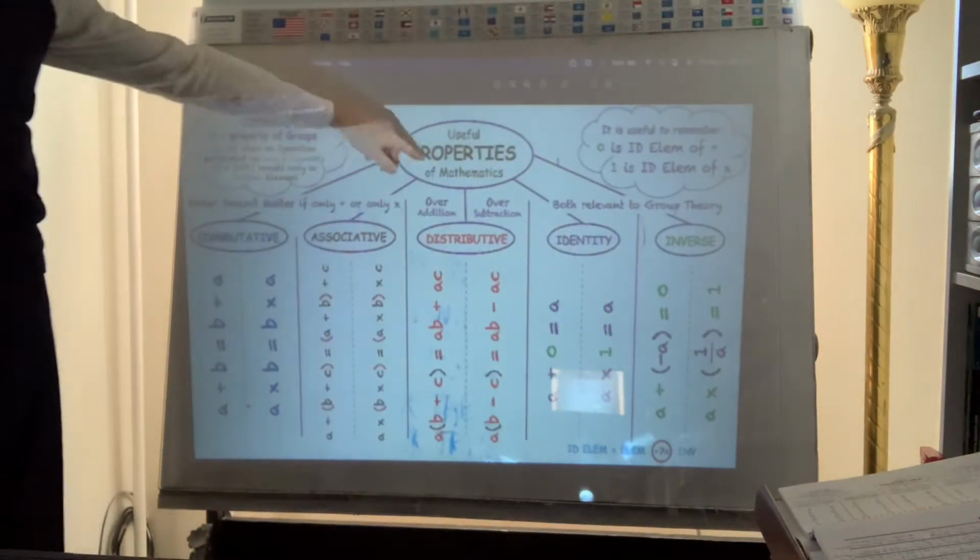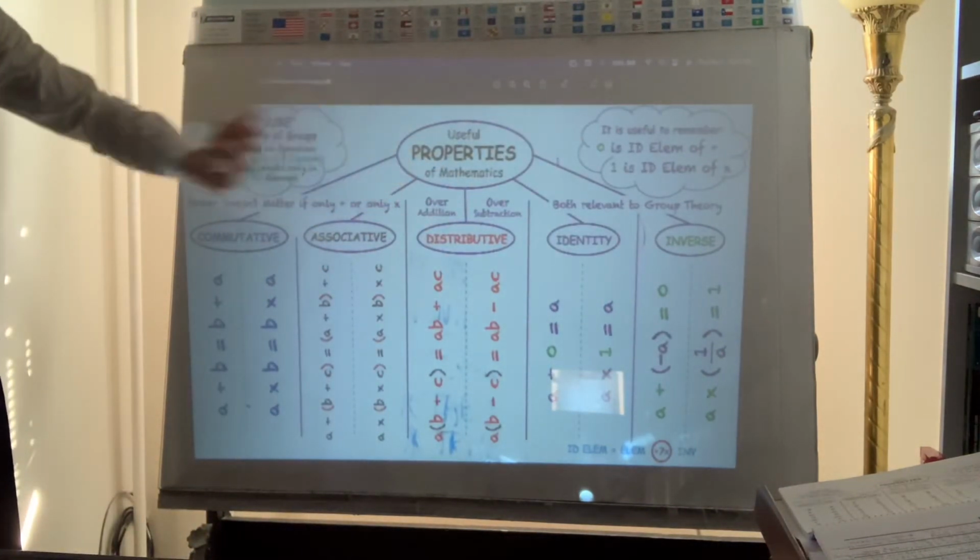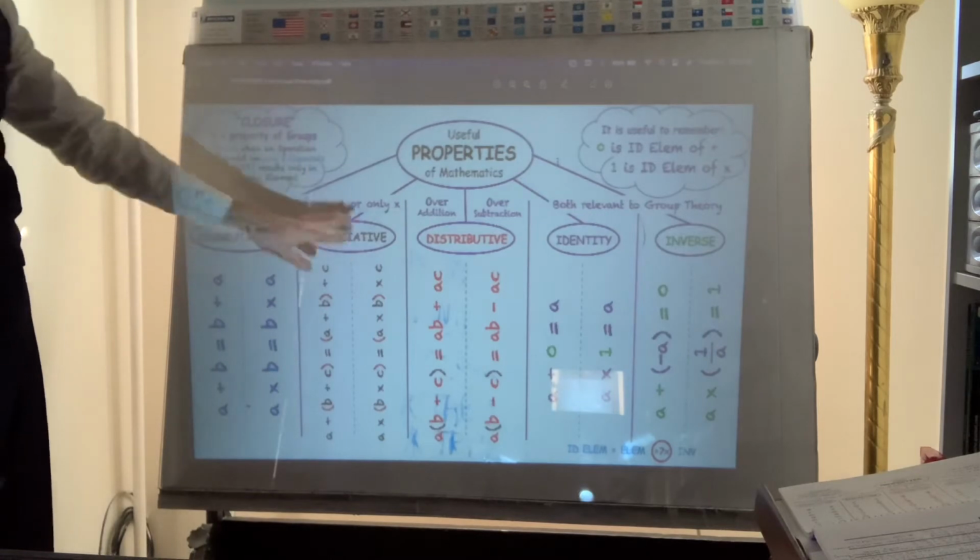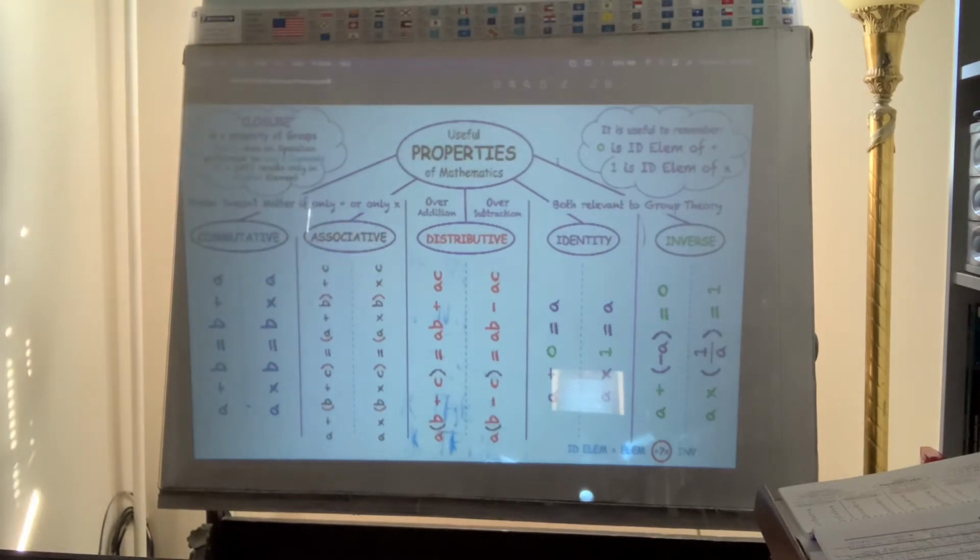We have useful properties of mathematics, right? What is associative, and I'll zoom in on this to make it a little bit easier to read.